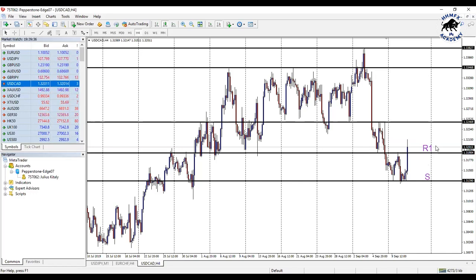So before we proceed now to the next part, I want to know if you guys already understand how to identify support and how to draw support and resistance at this point.